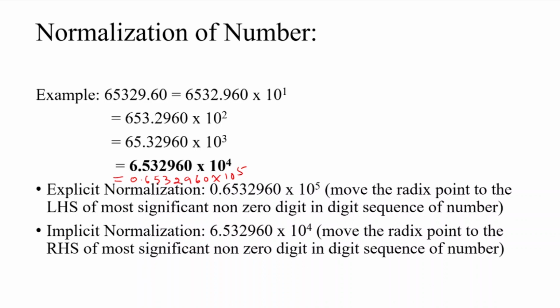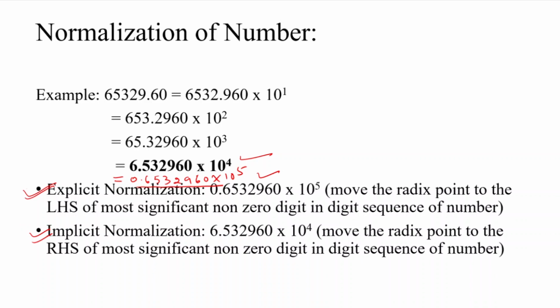When we do this type of representation, we place a decimal point after the first non-zero significant digit, or we place a decimal point before the first significant digit. So there are two types of normalization: one is explicit normalization and another one is implicit normalization.